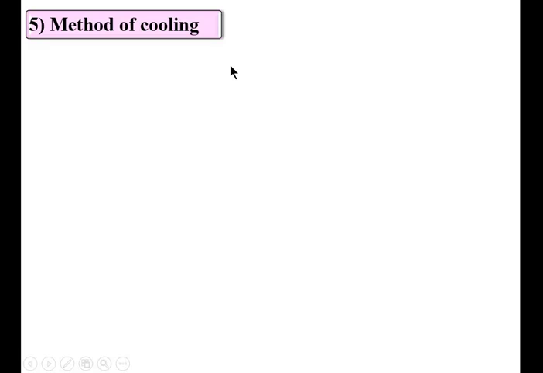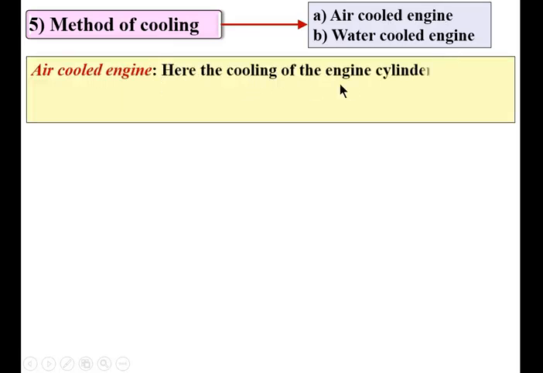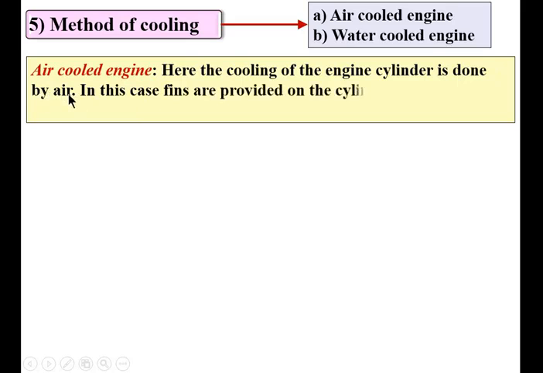Next, according to method of cooling, ICE engines are classified in two categories, air-cooled engine and water-cooled engine. In air-cooled engine, cooling of the engine cylinder is done by air.